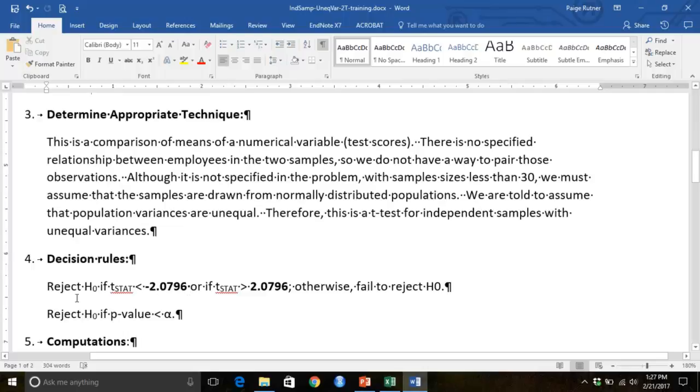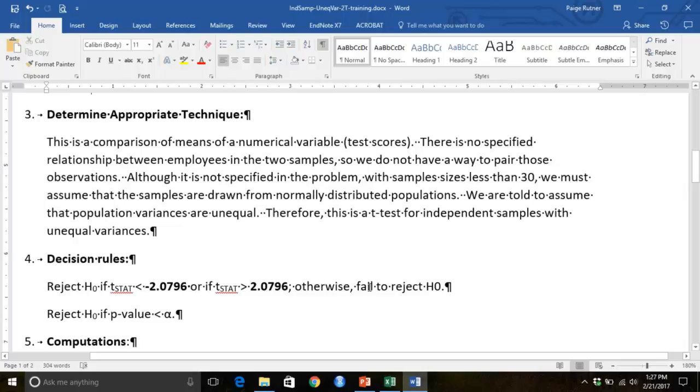I reject the null hypothesis if my test statistic, t-stat, for my sample data is less than some negative critical value or greater than some positive critical value. Of course, I can also state my rejection rule in terms of the p-value and the alpha value. But I wanted to go ahead and take a closer look at this because you'll notice I've got critical values of t here.